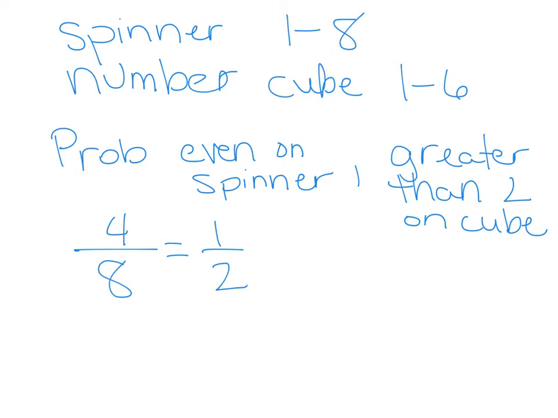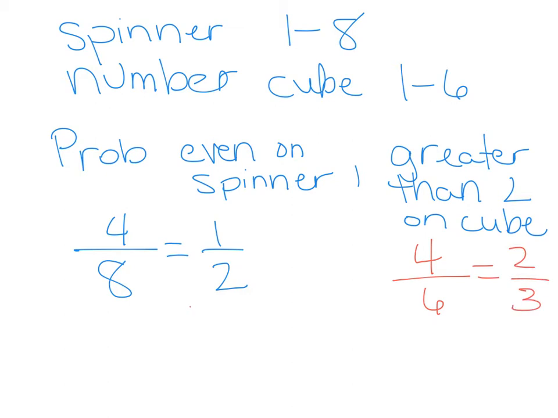What's the probability of getting something greater than a 2 on the number cube? Greater than 2 would be 3, 4, 5, 6. So that would be 4 possibilities out of 6. So there's 4/6 of a chance, and that reduces to 2/3.